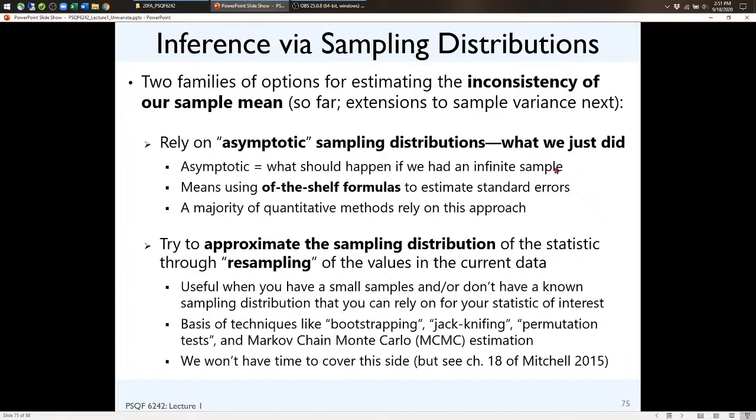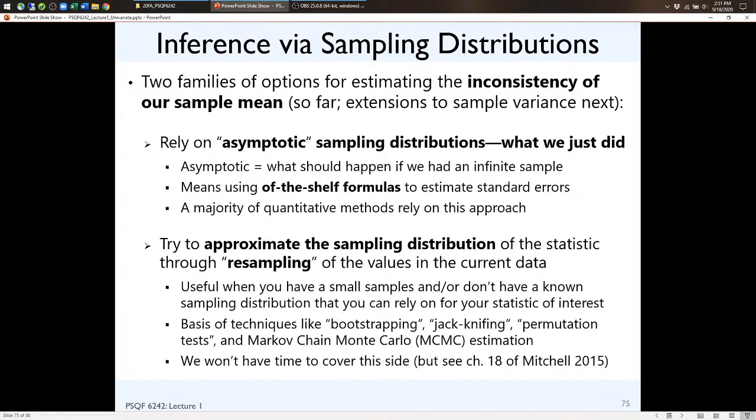When I say that people smarter than me came up with the formula and it works, and so we use it and believe in it, that's what I'm talking about. This term asymptotic means what would happen if we had an infinite sample, meaning the results get more and more prototypical or expected the larger the sample.